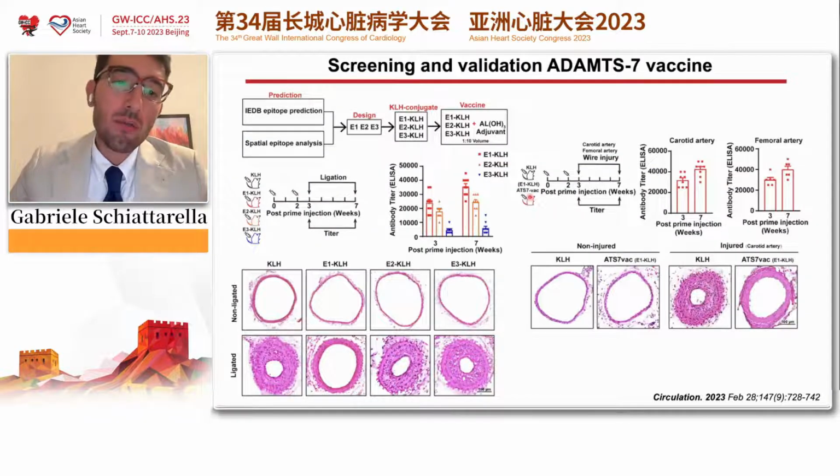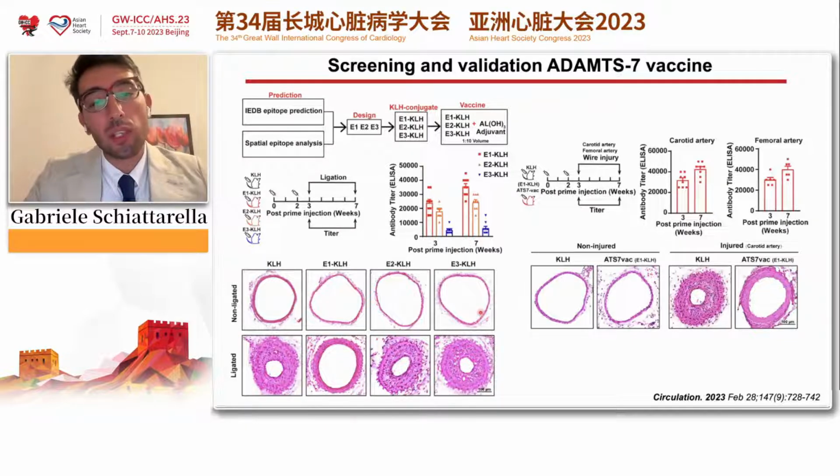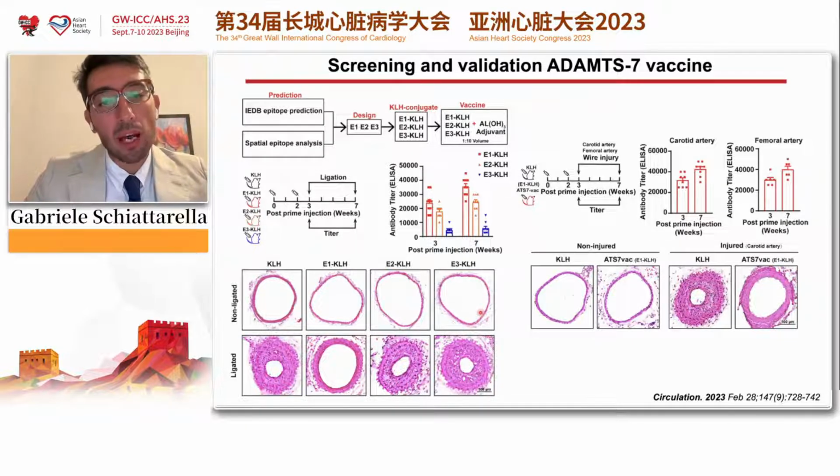And these investigators started again with the screening of a specific subclone of B cells that is associated with the reduction in neointimal formation in a preclinical model of injury. As you can see here, they were able to identify specific peptides from ADAMTS, the inhibition of which is able to reduce neointimal hyperplasia.